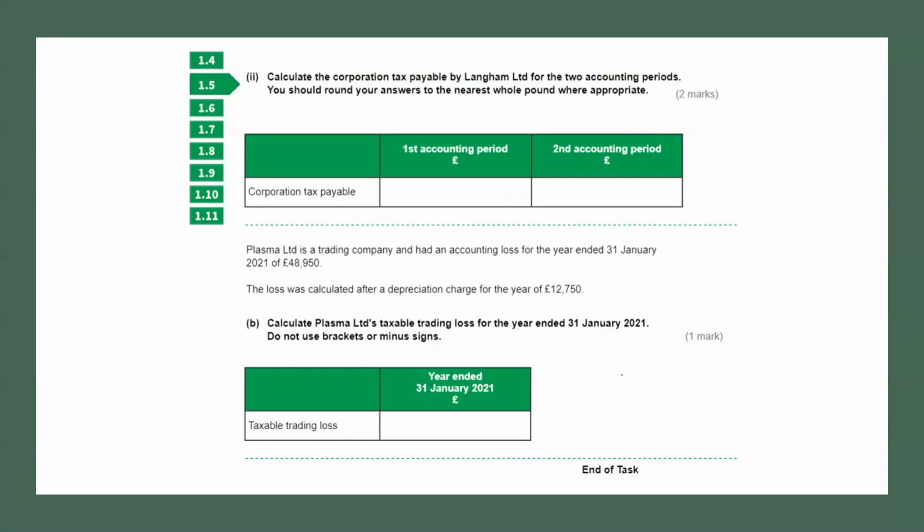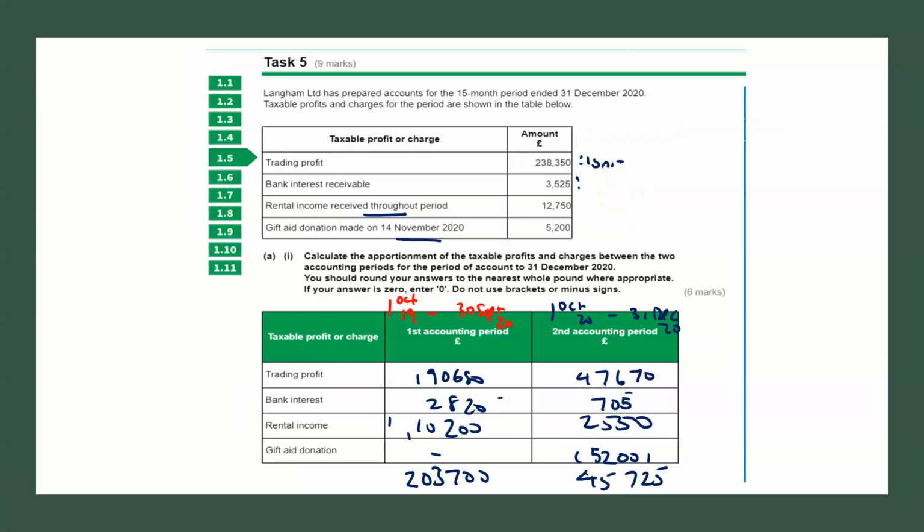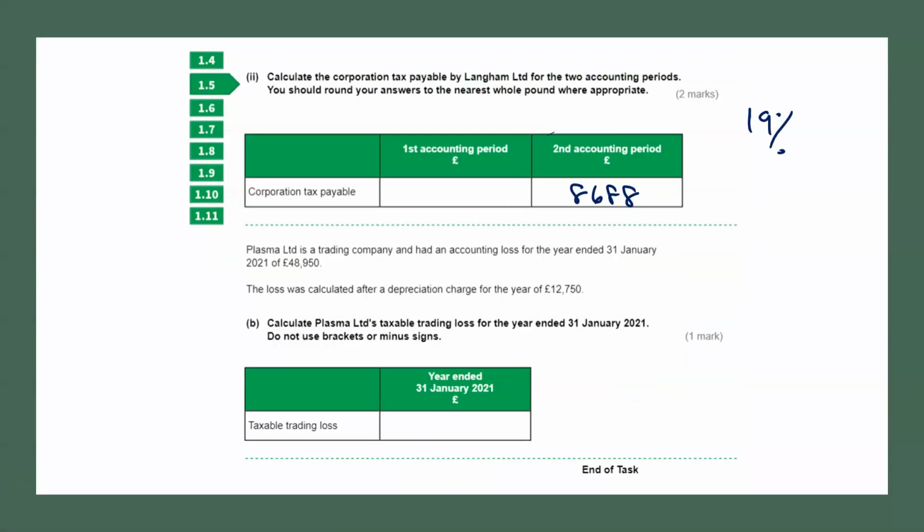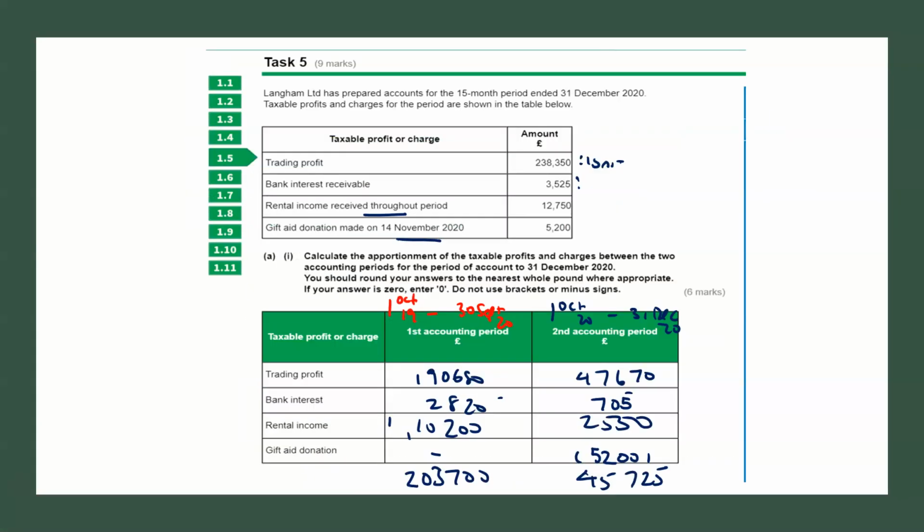Now, in terms of the corporation tax payable, corporation tax has always been, for you guys, and will continue to be, at 19%. If I multiply that by 19%, I will have 8,688. Sorry, I said 18%, it's 19%, forgive me. So let's just do that again: 45,725 times 19%. Yes, I got that right.